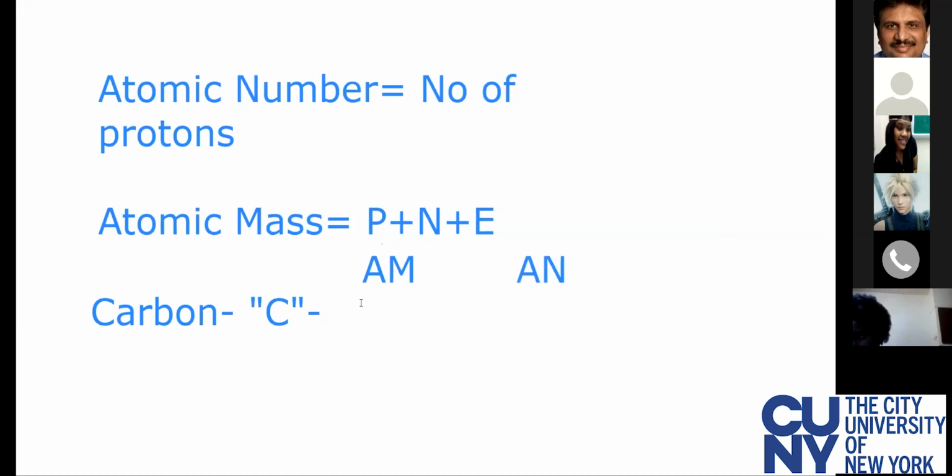In case of carbon, the atomic mass is 12 and the atomic number is 6.